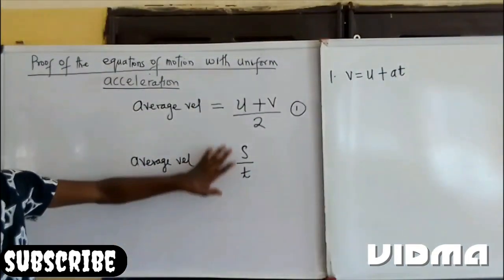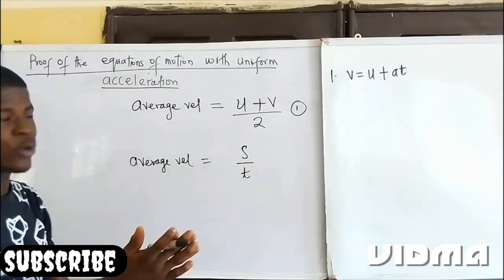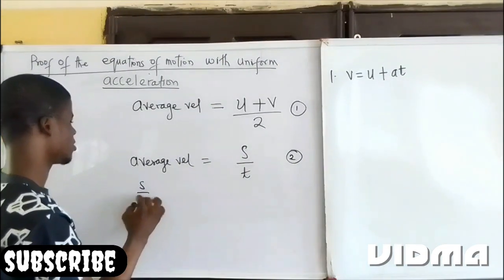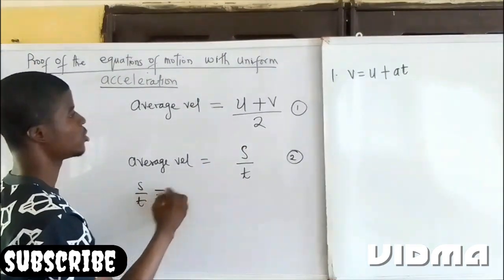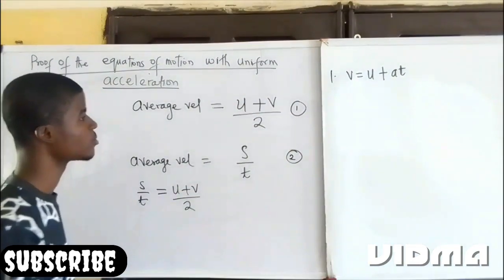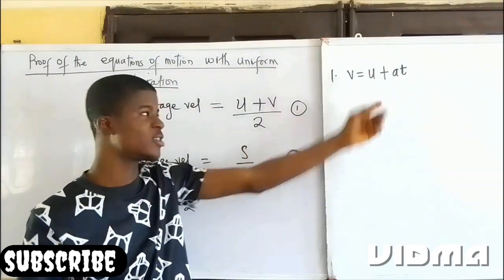These two formulas are correct for average velocity. Now, I want to equate them together. I'll get this. S over T, which is this, is equal to U plus V over 2. Now, this is V, U plus AT from the first equation.